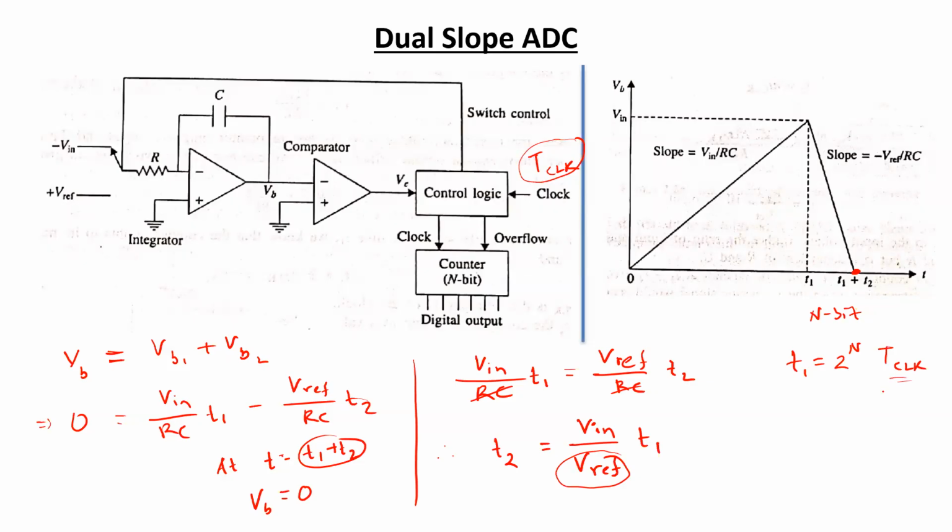The clock pulse is also fixed, so this term t1 can also be considered to be constant.